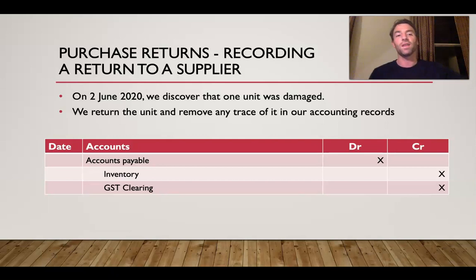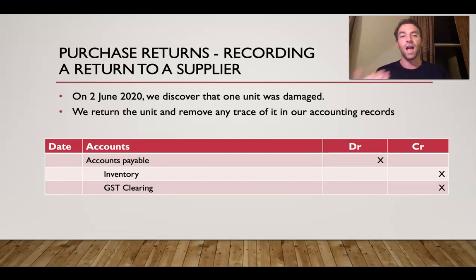We are going to have 1 less unit in inventory for us to sell. So our inventory will go down, and inventory going down is a credit because inventory is an asset. And our GST is reversed as well to balance it out. We actually owe a little bit more to the government because we are going to reverse that $10 of GST.